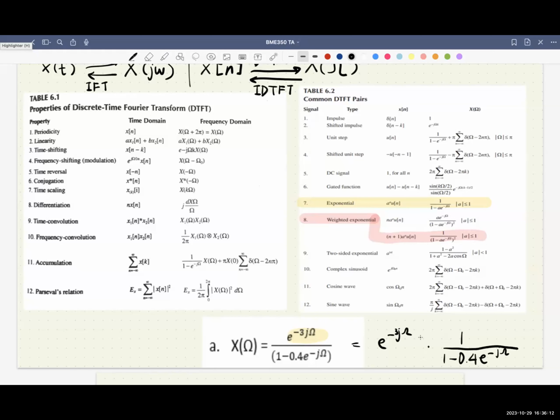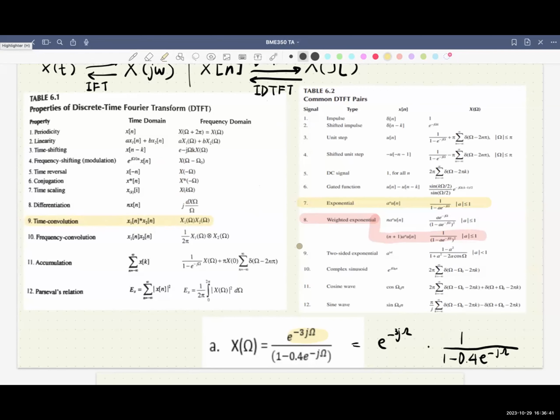This is multiplication in the frequency domain. If we look at table 6.1, multiplication in the frequency domain means that in the time domain the two signals will be convolved together, and we have to be careful about that.